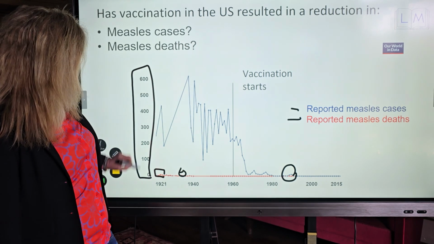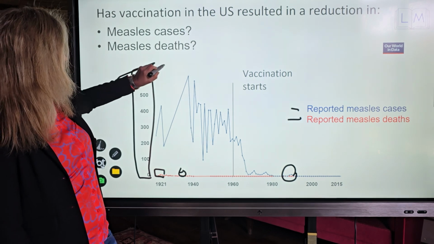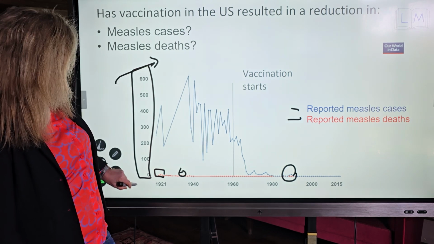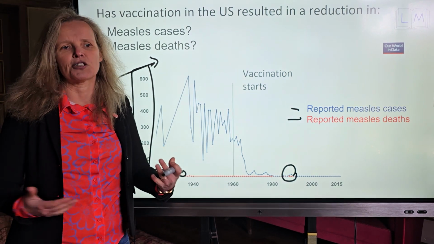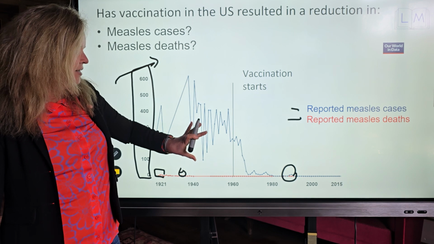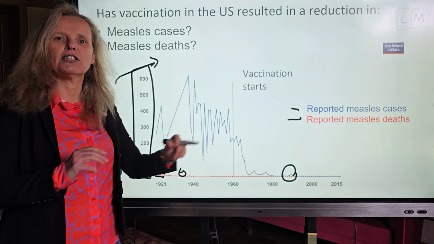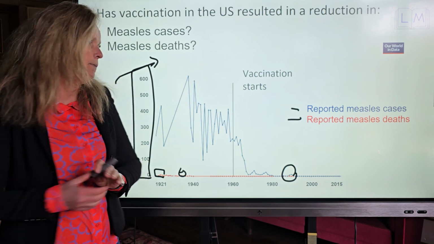What are the scales on a graph, especially the y-axis? Is it really starting at 0? Is it linear? Is it log scale? What are we really looking at? Because same data, very different impression of what the data might show.